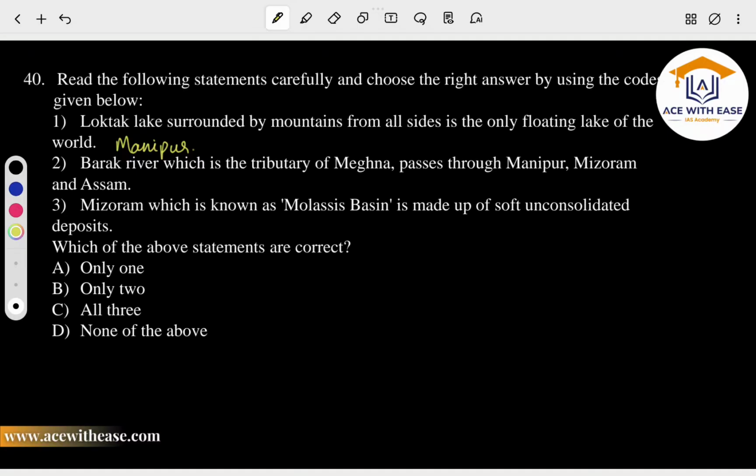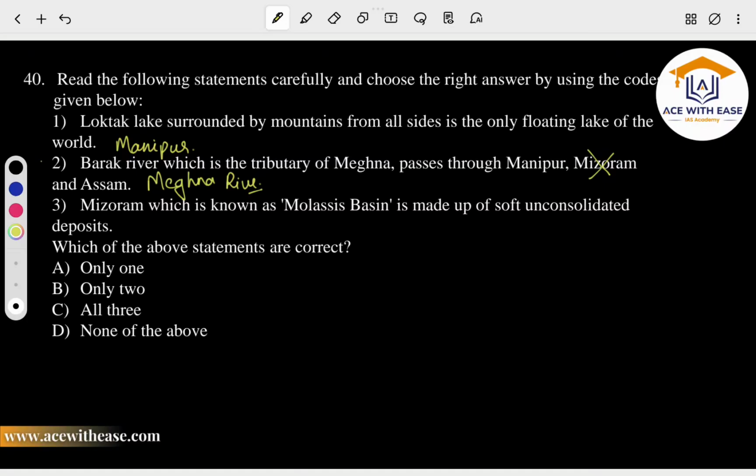Then second, Barak River, which is a tributary of Meghna, passes through Manipur, Mizoram and Assam. Now this statement is wrong. It doesn't pass through Mizoram. It passes through Manipur. Barak River is a tributary of Meghna, and it doesn't pass through Mizoram.